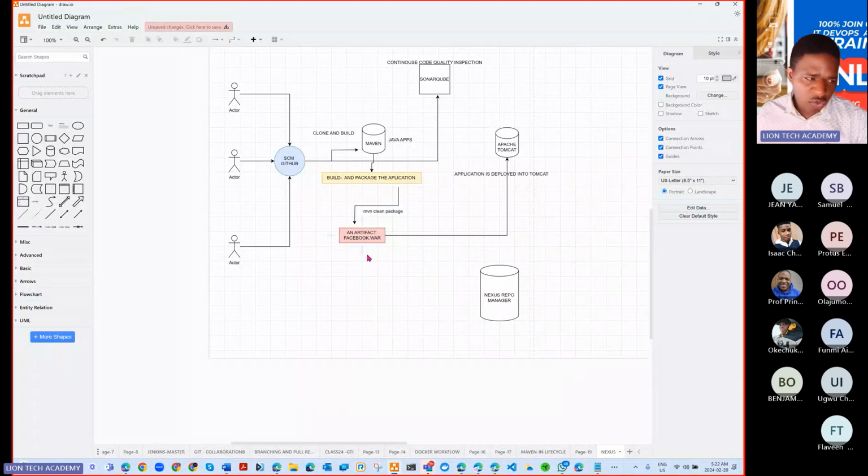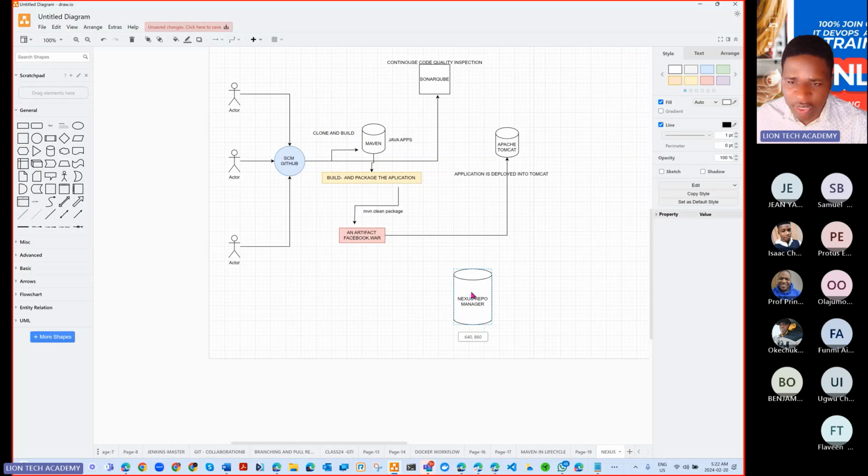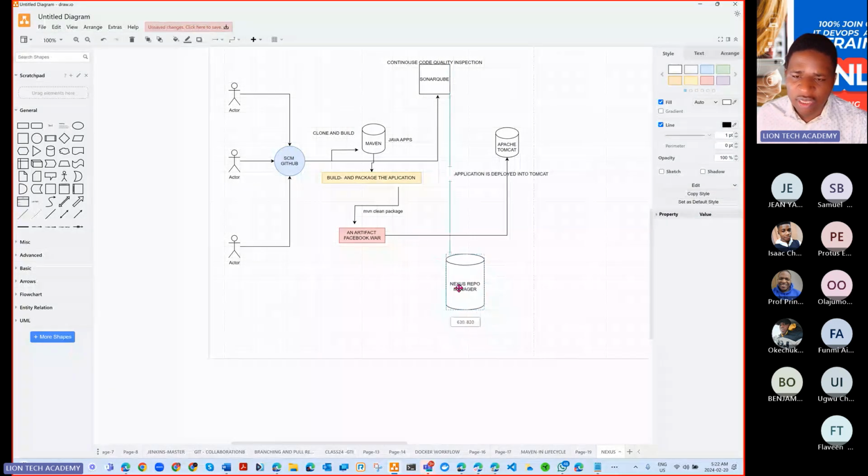Now this artifact is stored on your machine. What happens if your other team member wants to use it? Are they going to hack into your machine? The answer is no. So it has to be saved somewhere in a remote environment, and that remote environment is called Nexus Repository Manager. Therefore, we can store the artifact.